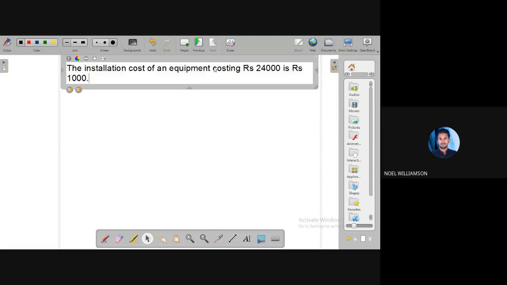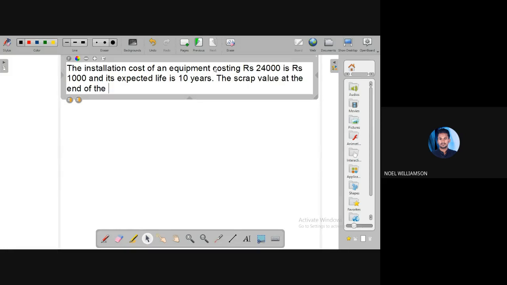And its expected life is 10 years. The scrap value at the end of the useful life is rupees 5,000.